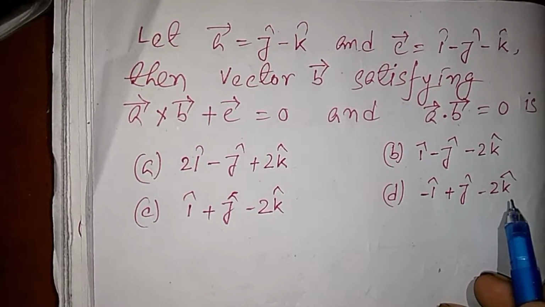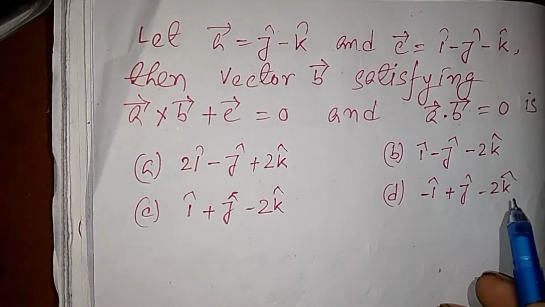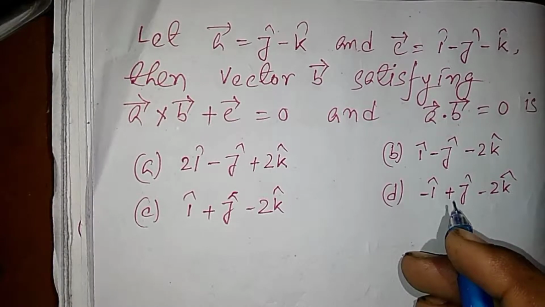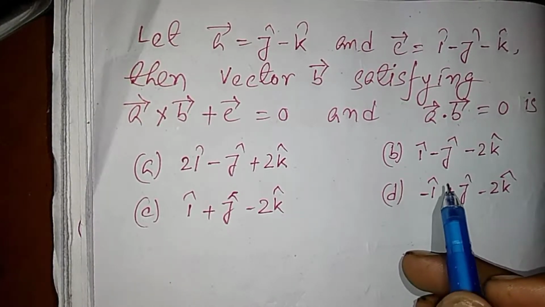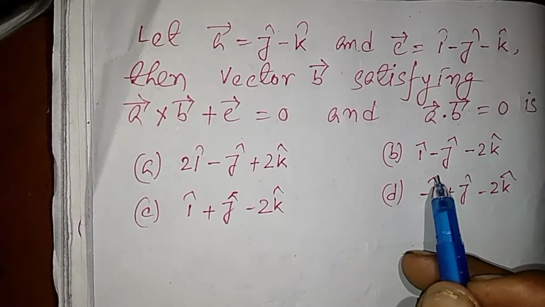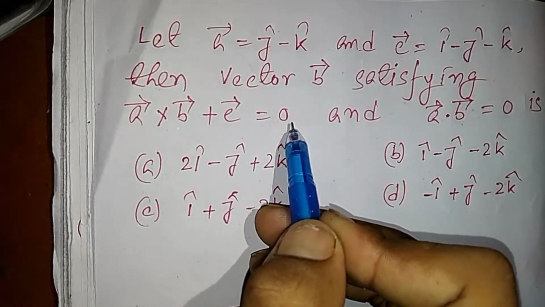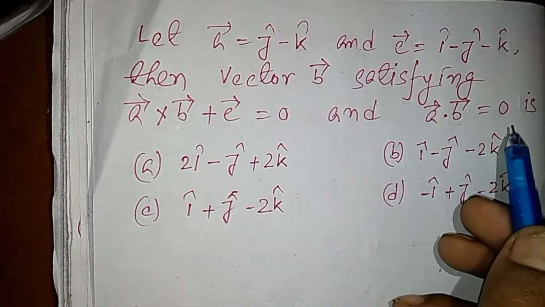So which of the following is the answer for vector B? This problem is very important for any exam like JEE, NEET or WBJEE. In fact, I copied it from the JEE question paper 2010. This problem is very important but not easy because only two equations are given: one is A cross B plus vector C equals 0 and the other is A dot B equals 3.